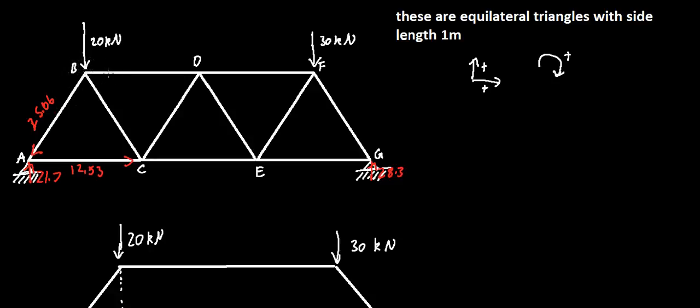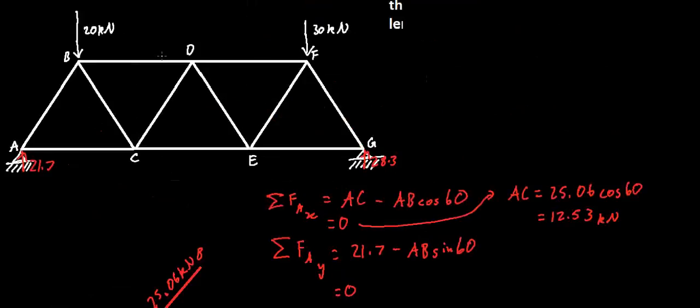So let's try solving for point B. I'm going to isolate that point. We end up with one that looks like this, and down, and the force that goes this way. This we already determined as going this way at 25.06. This vertical force is 20.